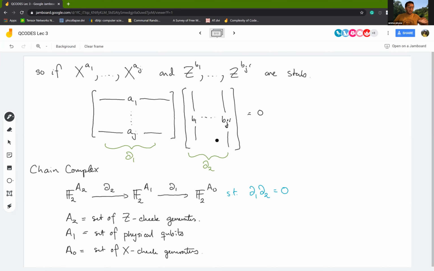If I took this matrix and added another row which was a linear combination of the previous rows, it would still satisfy this property that this matrix multiplication would still equal 0. The boundary map would still be well defined. I'm just thinking of this as a set of generators for my Z checks, and even if there are redundancies, that's okay.